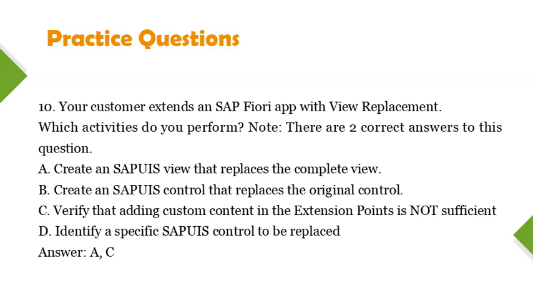B. Create an SAP UI5 control that replaces the original control. C. Verify that adding custom content in the extension points is not sufficient. D. Identify a specific SAP UI5 control to be replaced. Answer: A, C.